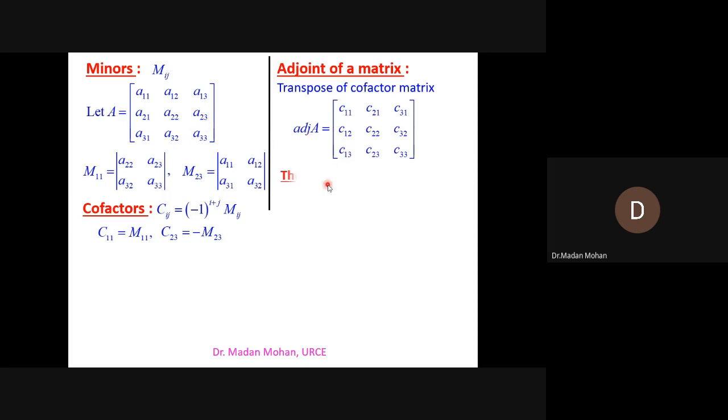Now, a theorem. If A is an n cross n matrix, meaning a square matrix of order n, then A into adjoint A equals adjoint A into A equals det A into In, the unit matrix of order n. A is the given matrix.